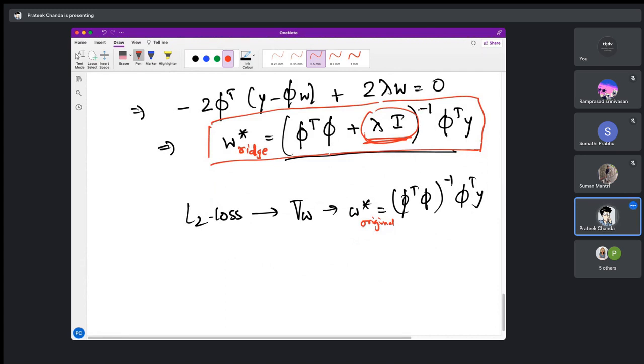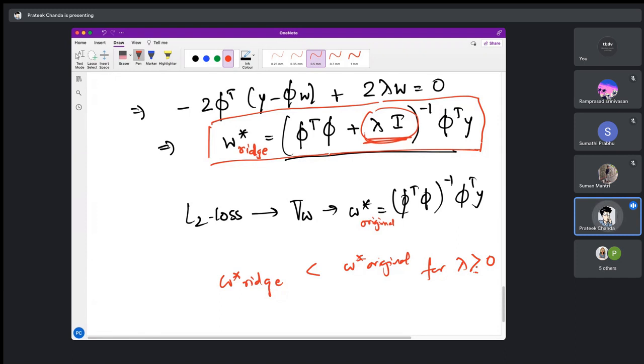Since this is an inverse, the W star in this case would be less than W star original. So the magnitude of W star ridge would be less than W star original for lambda greater than 0. Because I'm adding an extra term in the denominator part, since it's an inverse, my W original would always be a higher value than W ridge.